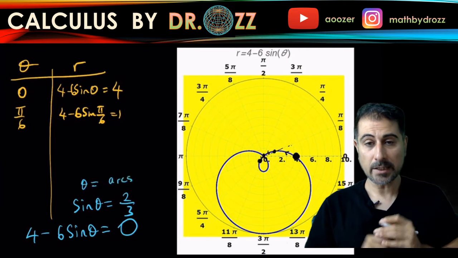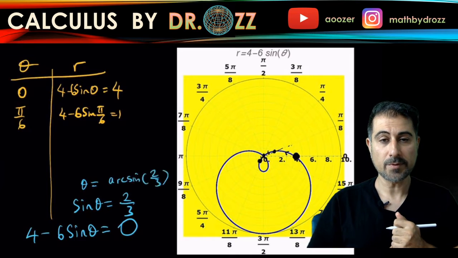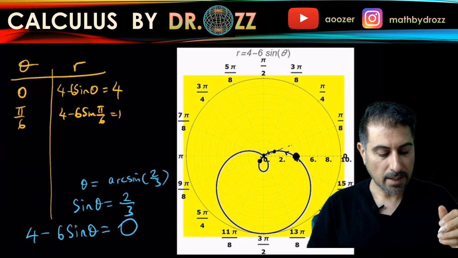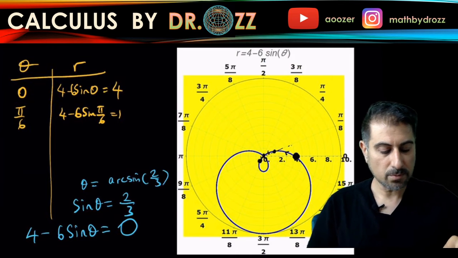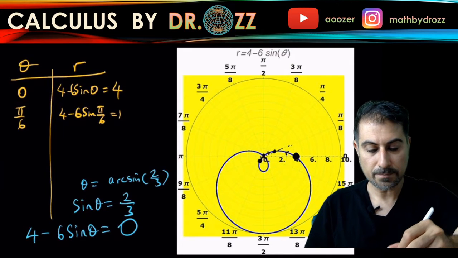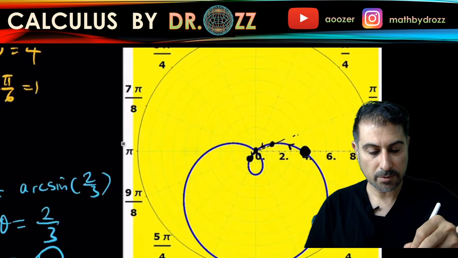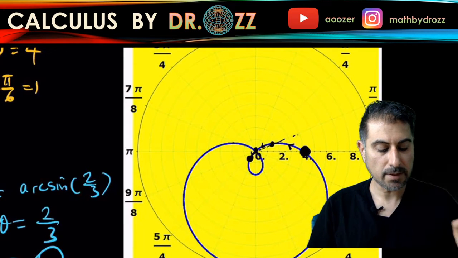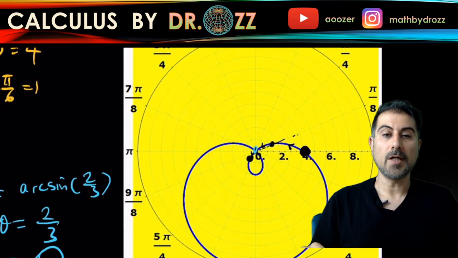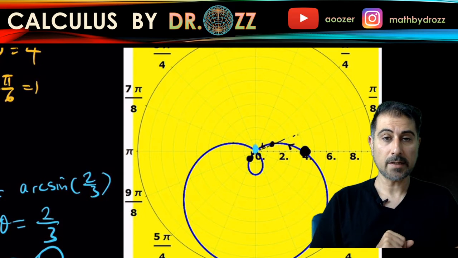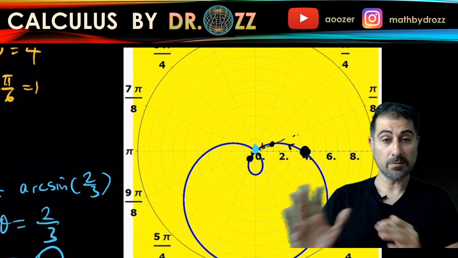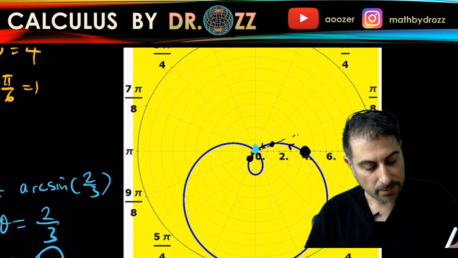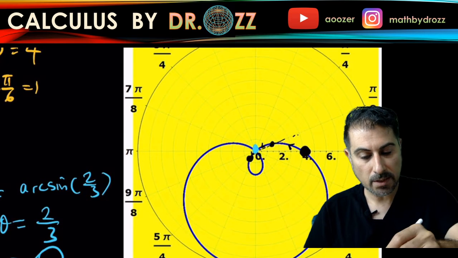I know there's an angle, which is arc sine 2 over 3, and when I hit that, I go all the way to 0. I'll use a different color here. So the inner loop starts from arc sine 2 over 3, whatever that is, and then we keep going, because pi over 6 we just got right here.